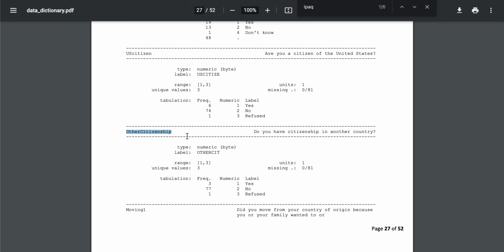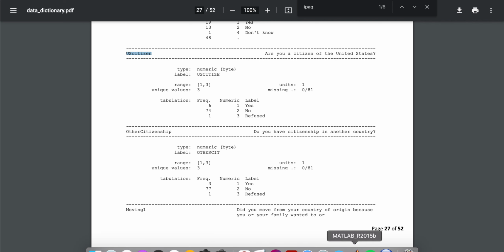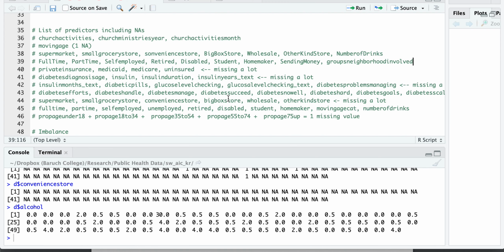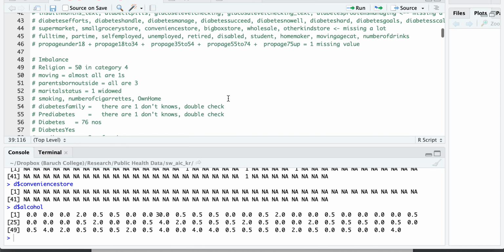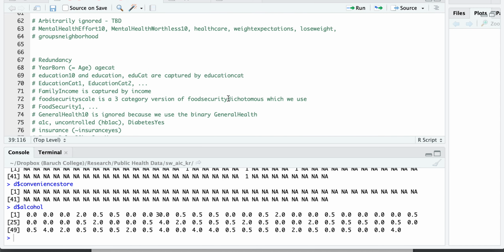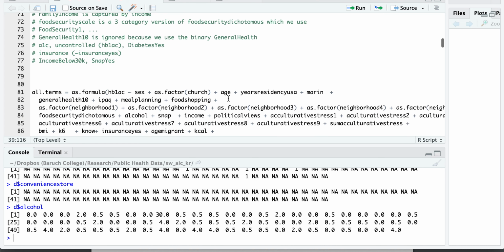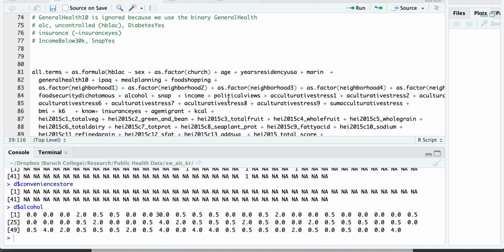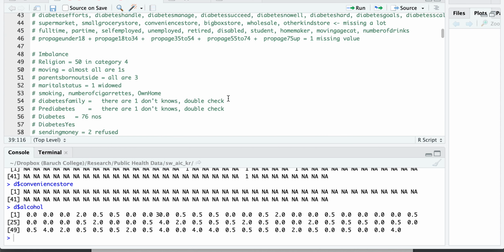The same about other citizenship, so US citizen and other citizenship will be removed because there's imbalance. So we were here, just add them.